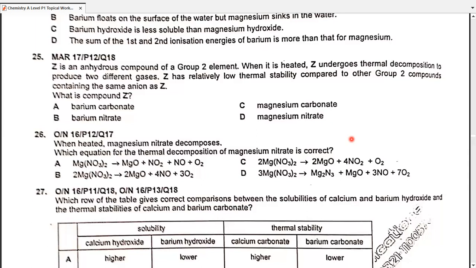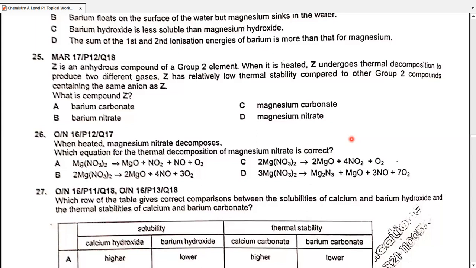It has low thermal stability compared to the others. Magnesium nitrate decomposes to magnesium oxide, nitrogen dioxide and oxygen.